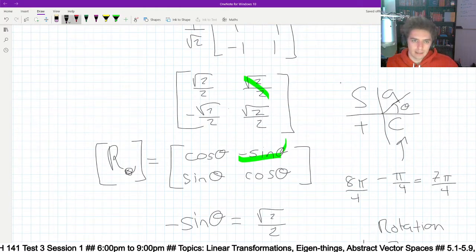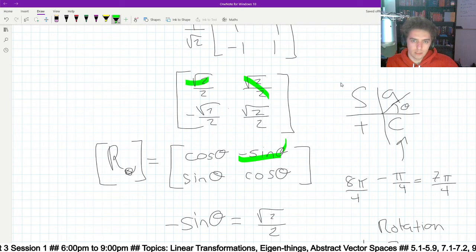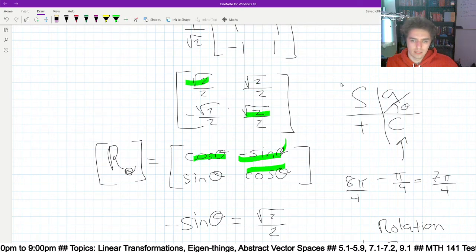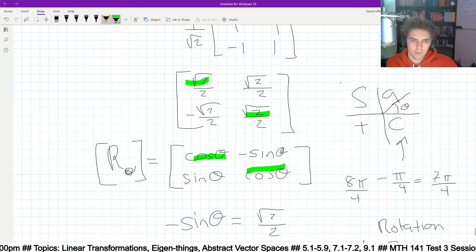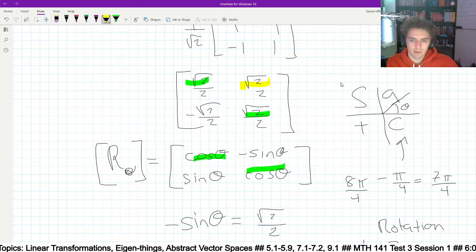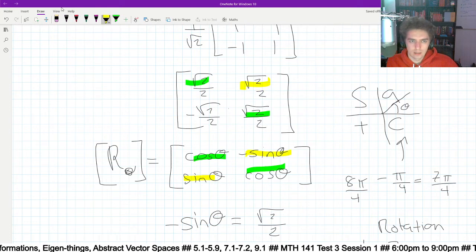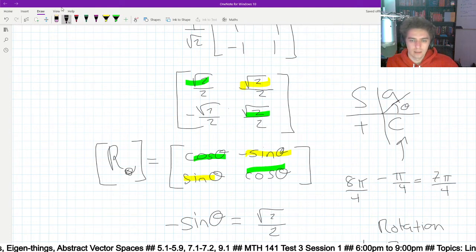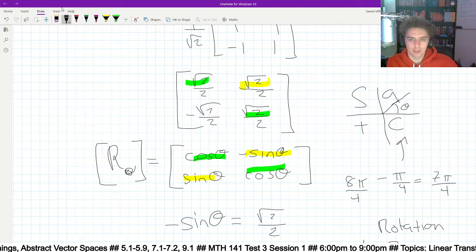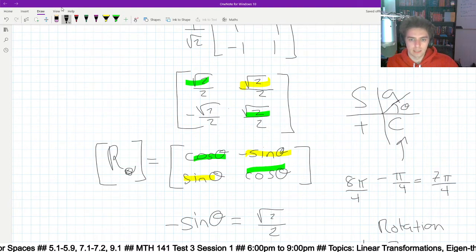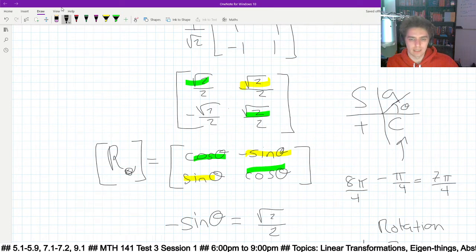Because if you look at it, we're looking for cos to be positive, and we want sine to be negative, because this is negative sine. If you're doing negative sine and it comes out positive, then sine must have been negative, and sine's negative here.